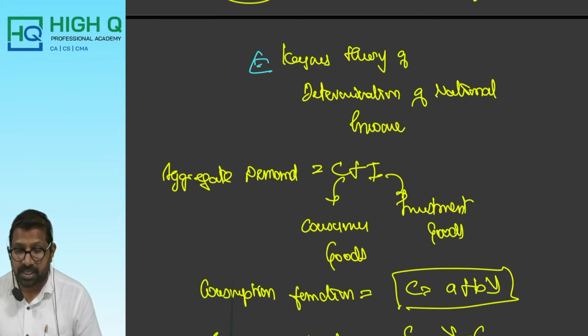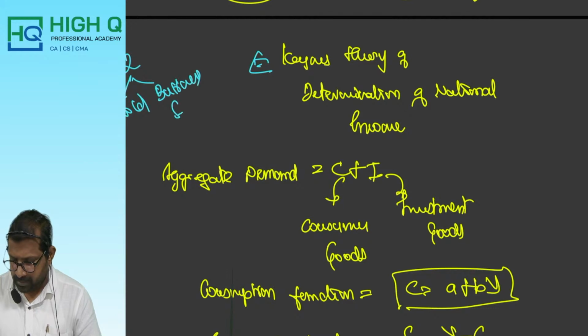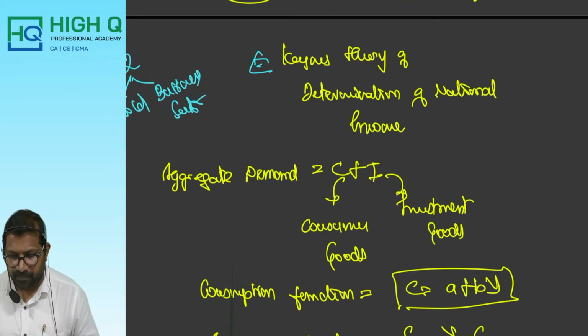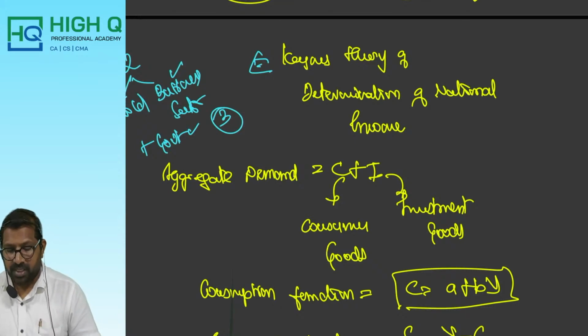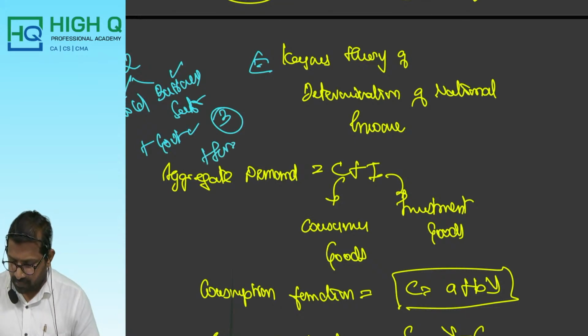One is the two sector model: household and business sector. Same way, if you add government, household, business, government, then it is the three sector model. If you add foreign, household, business, government, foreign, it is the four sector model.